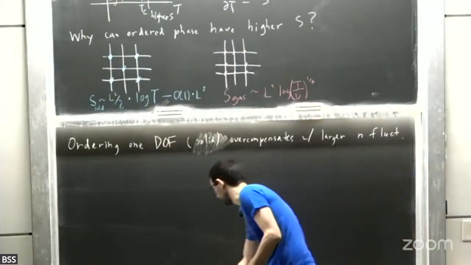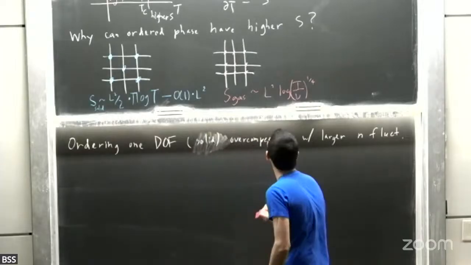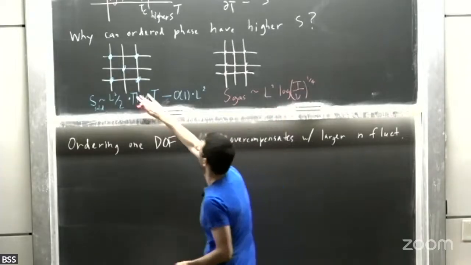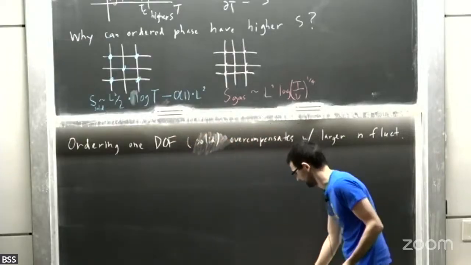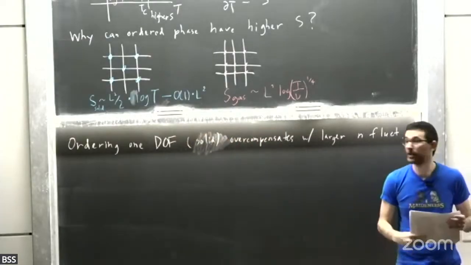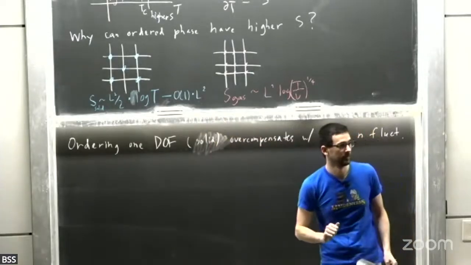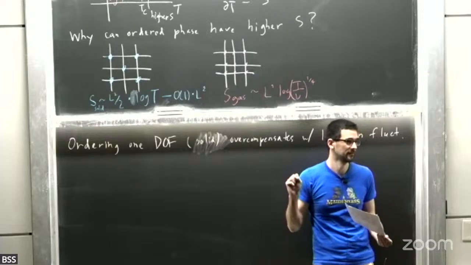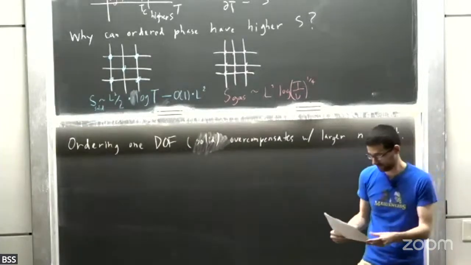Oh, sorry, there's a t in the free energy. Anyway, you're going to get at most something order 1 from the configurational degree of freedom, and it never beats log t. So, okay.